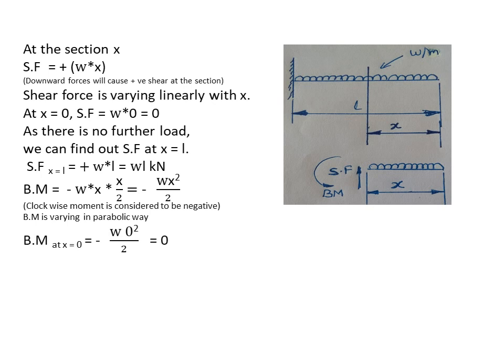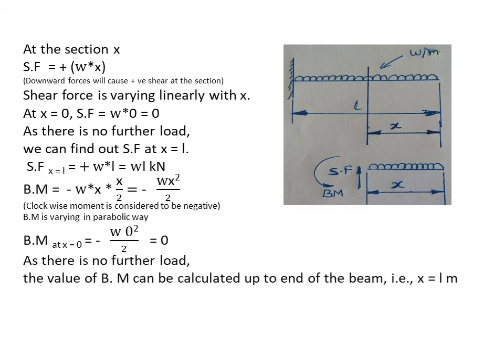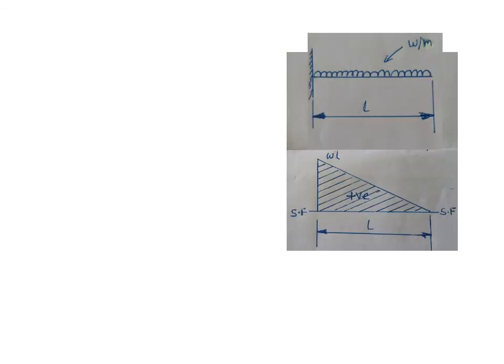Bending moment at x equal to 0 is equal to minus W into 0 square divided by 2, that is 0. As there is no further load, the value of bending moment can be calculated up to the end of the beam, that is x equal to L meters. Bending moment at x equal to L is equal to minus WL square by 2 kilonewton meter.